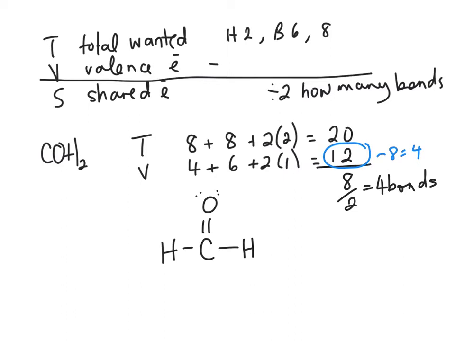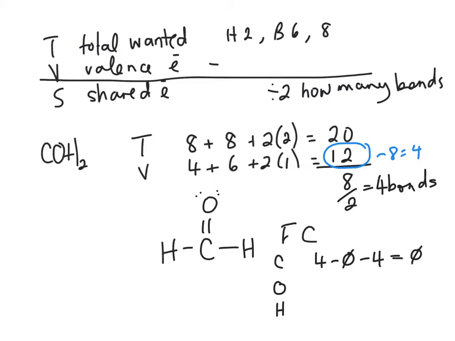If we do formal charges, we've got carbon, we've got oxygen, and we have hydrogen. Carbon has 4 valence electrons. It has no electrons in lone pairs, but it did make 4 bonds. So it's looking good.